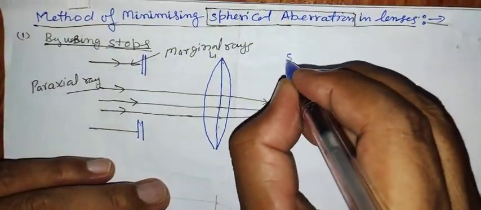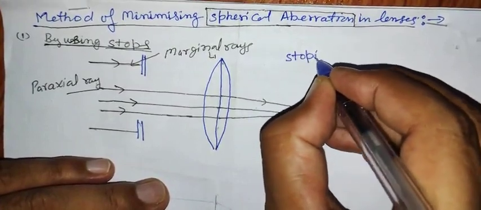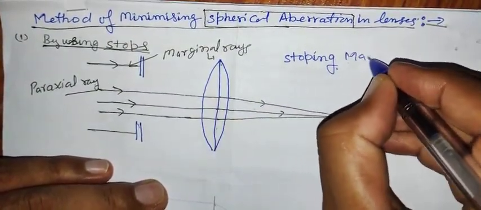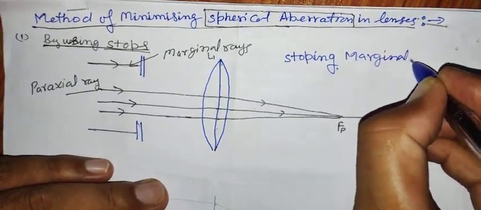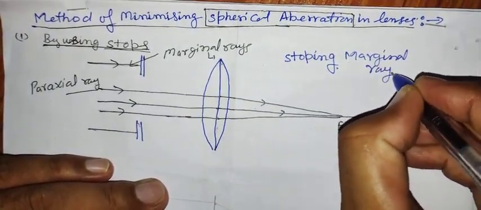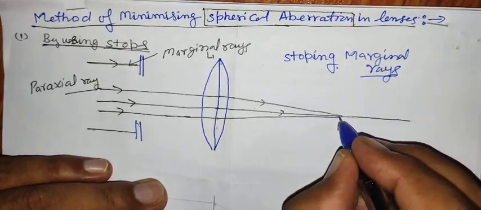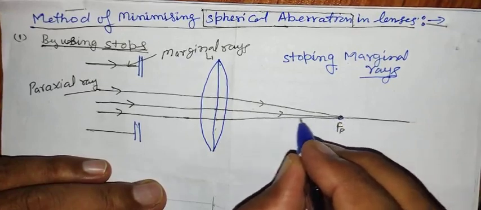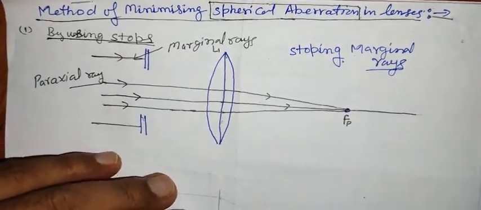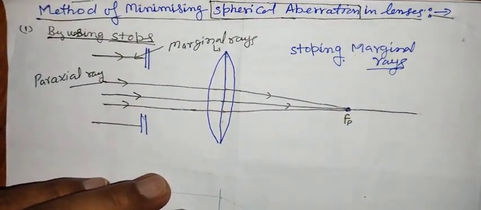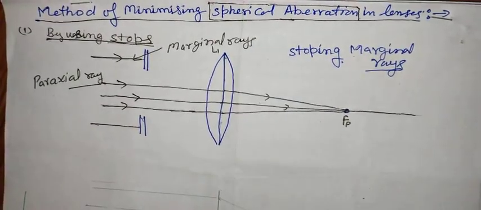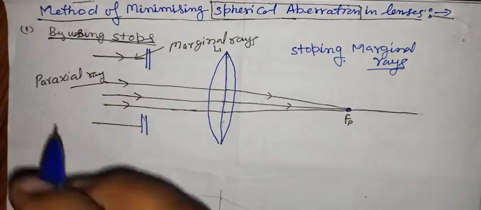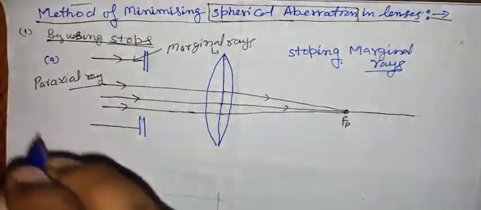So by stopping the marginal rays, the image can be obtained at a point. In place of an enlarged image, a blurred, fainter image is formed. There is one more way; suppose this is process A.